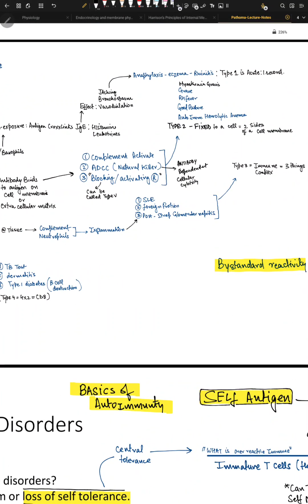We have some cells called natural killer cells, these NK cells. These NK cells recognize the Fc portion of the antibody, and then they release perforins and granzymes.